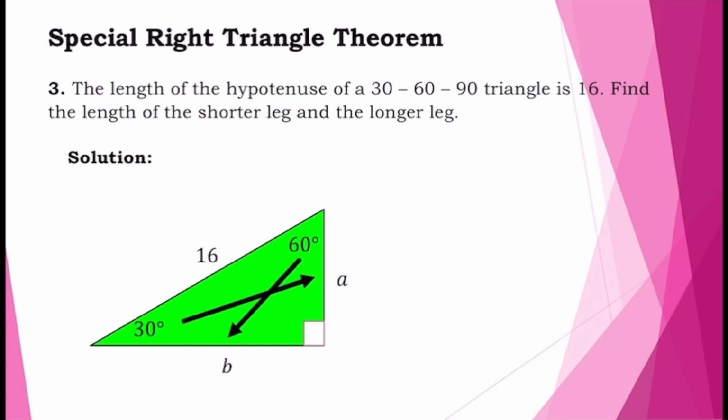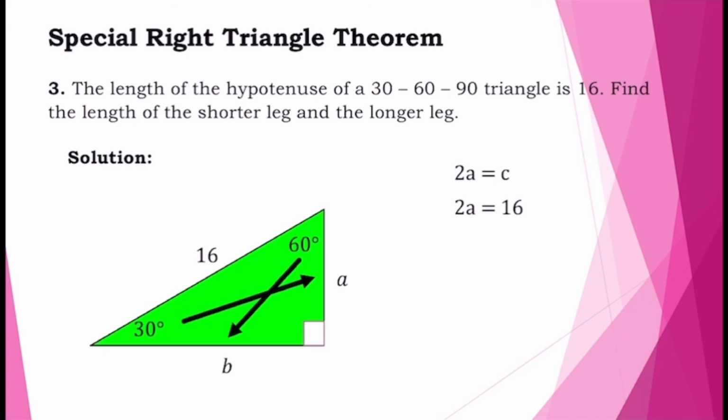Since we need to find the shorter leg first, we will have 2A is equal to C. Why? Because we all know that the hypotenuse is twice as long as the shorter leg. If we substitute the value, we have 2A is equal to 16, which is the value of our hypotenuse.